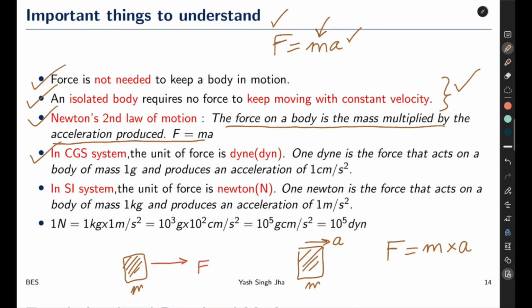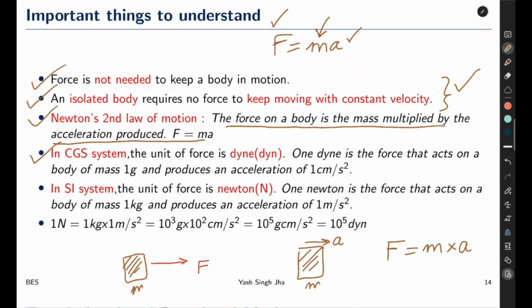So in CGS system, the unit of force is dyne. 1 dyne is a force that acts on a body of mass 1 gram and produces an acceleration of 1 centimeter per second square.